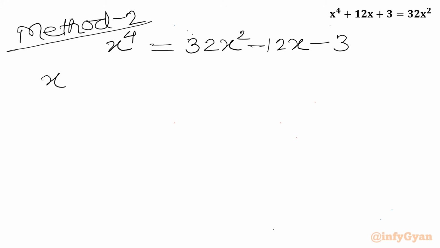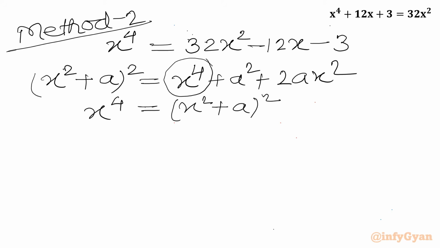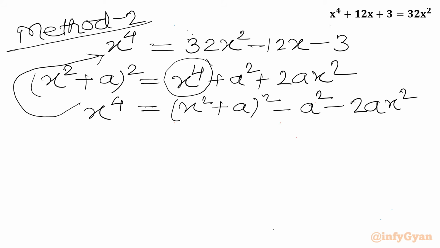Now I will write the expansion of (x^2 + a)^2, so I can write x^4 + a^2 + 2ax^2. Let us calculate x^4 from here. So x^4 will be (x^2 + a)^2 - a^2 - 2ax^2, and this value I will substitute here.